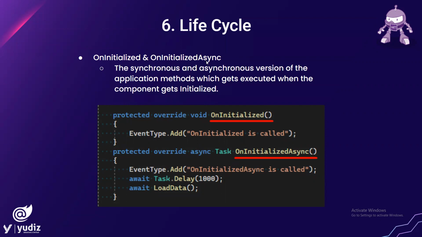We can use LoadData in both methods, and we can use the asynchronous method in OnInitializedAsync. In this snippet, we have two override methods. First is OnInitialized and second is OnInitializedAsync.